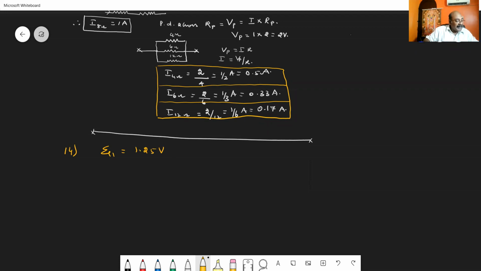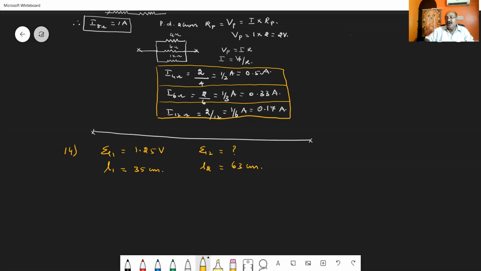Then it gives a balancing length L1 equal to 35 centimeter. If the cell is replaced by another cell, let us consider its EMF E2, which we are asked to calculate, and the balancing length shifts to 63 centimeter.